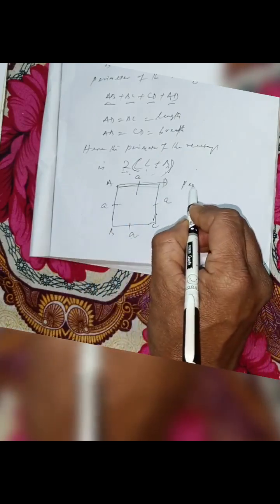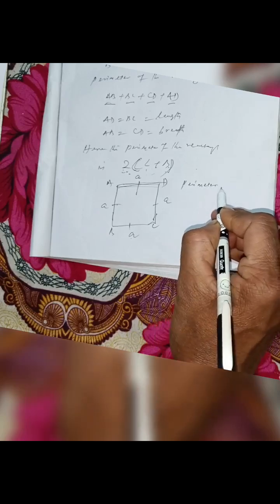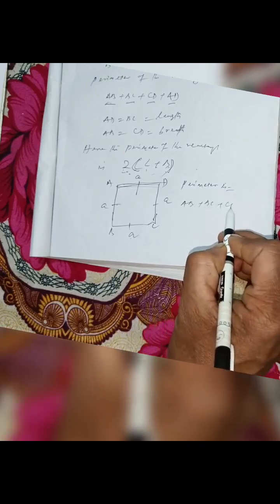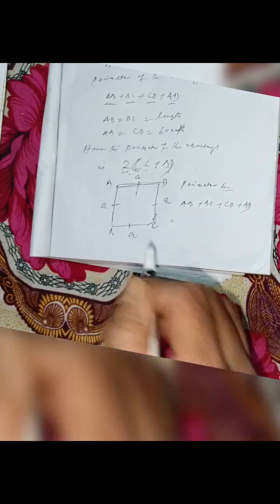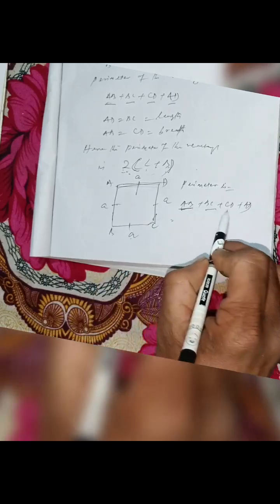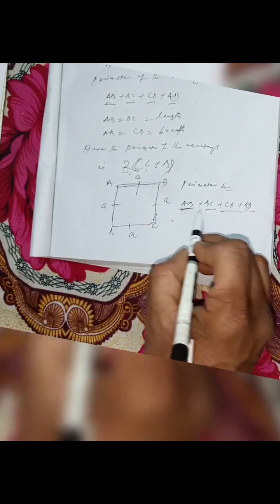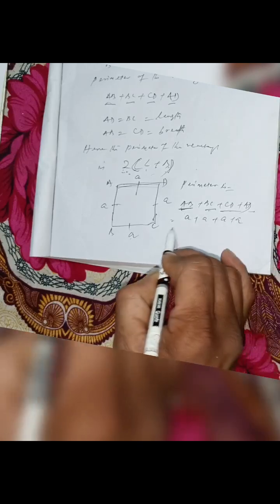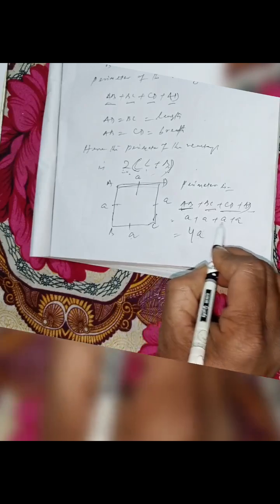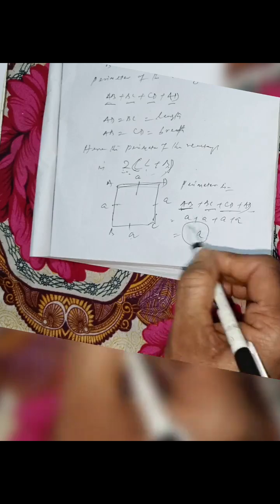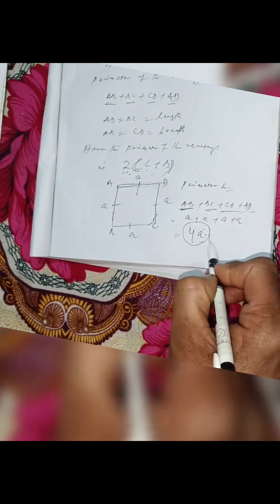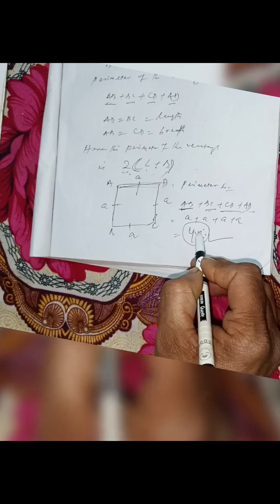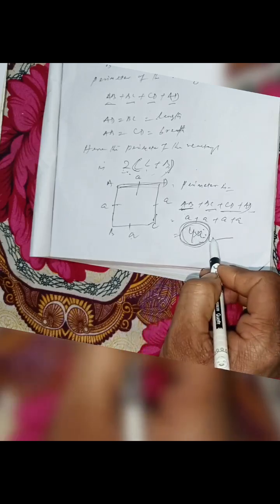So the perimeter is equal to AB plus BC plus CD plus AD. Since the sides of the square are equal, each side is named A. So A plus A plus A plus A, that is 4 times A, known as 4A. So simply, the formula for the perimeter of the square is the side multiplied by 4.